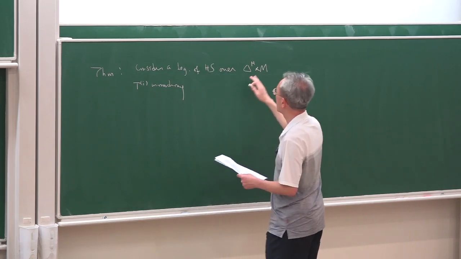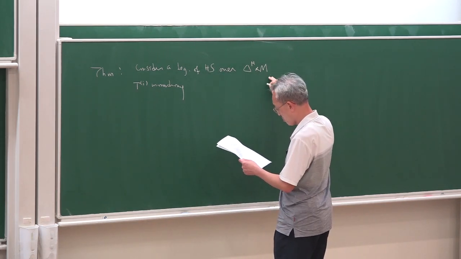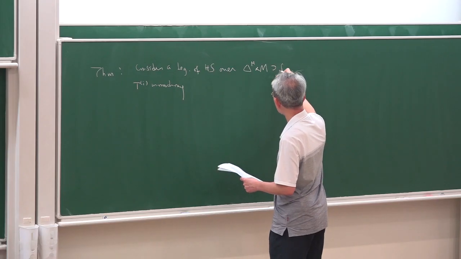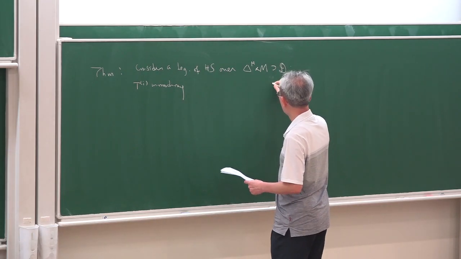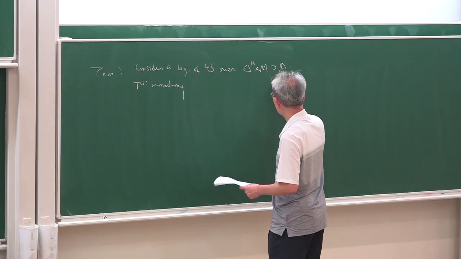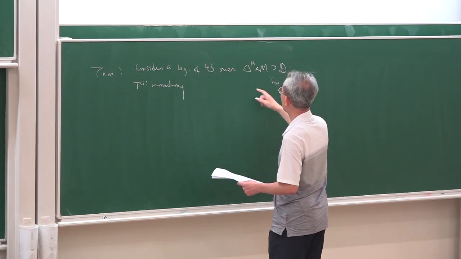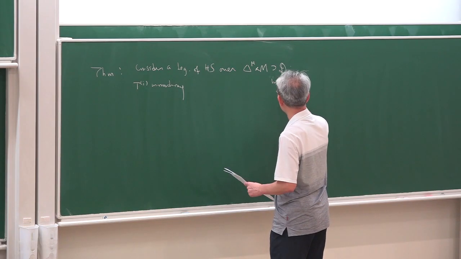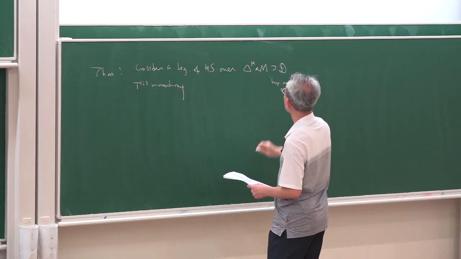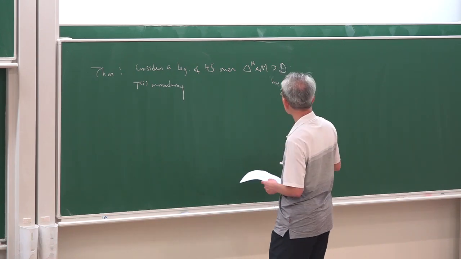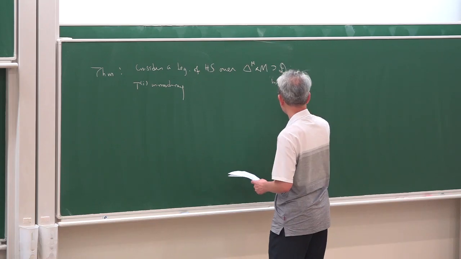So I assume this contains a discriminant locus, a hyperplane arrangement with axes, and with k components.